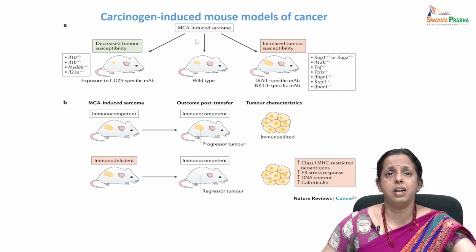So, here this is an MCA induced sarcoma in mice, which is a carcinogen-induced mouse model.